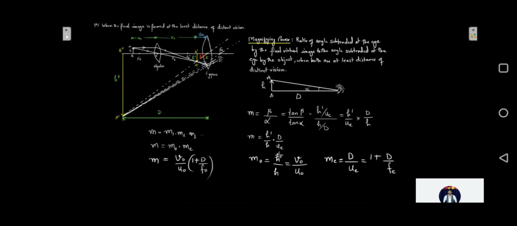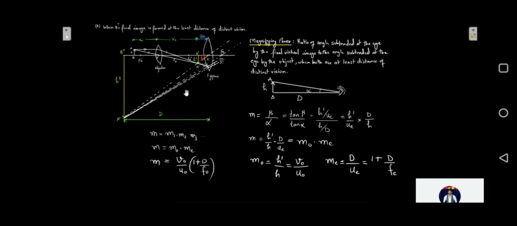And if you see, the magnification which you got over here is the same as H dash upon H, that is M naught, multiplied by D upon UE, that is me. You get back the same thing, using this logic also, that is beta upon alpha. Using the definition and using the formula also, you are going to get the same thing. So now as for the object AB which we had considered over here, let us come back to the figure.